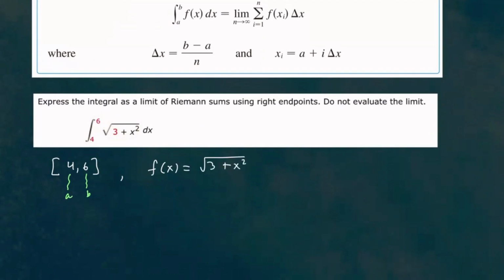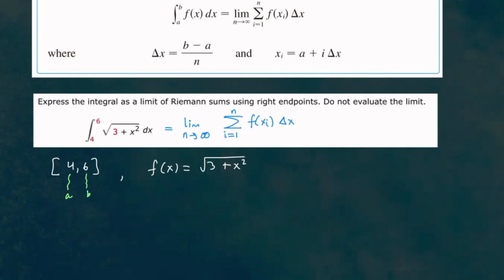So we need to compute two things in order to write this integral as an equivalent limit of the Riemann sum. We know this is the limit as n goes to infinity of the sum i equals 1 to n of f of xi delta x. I know f of x is this, so I need to compute xi and delta x to substitute them.